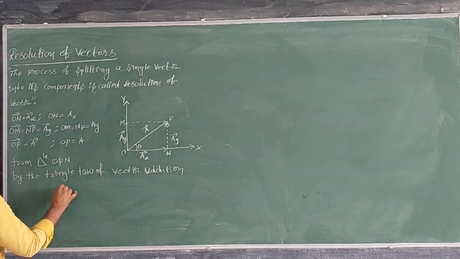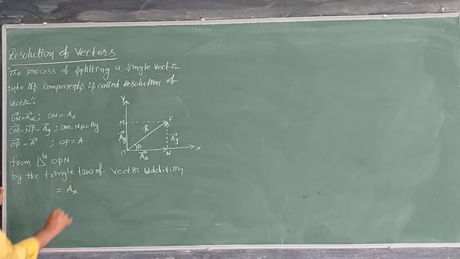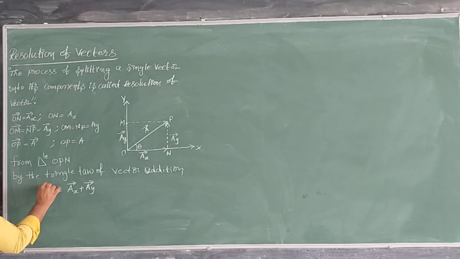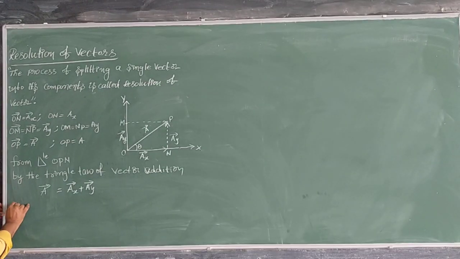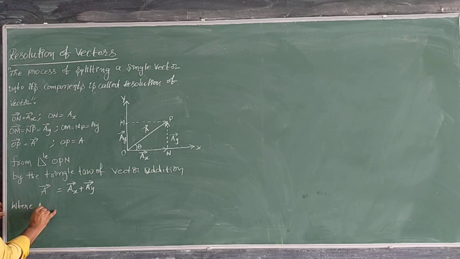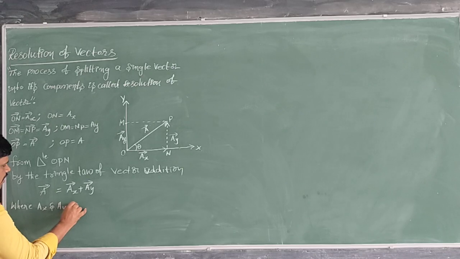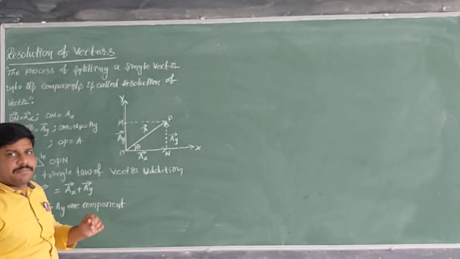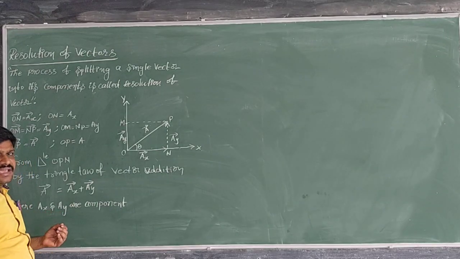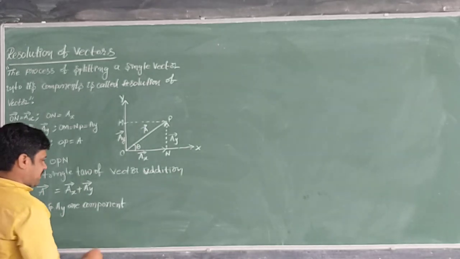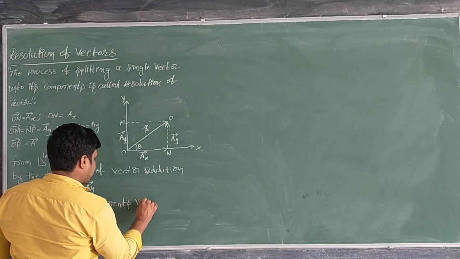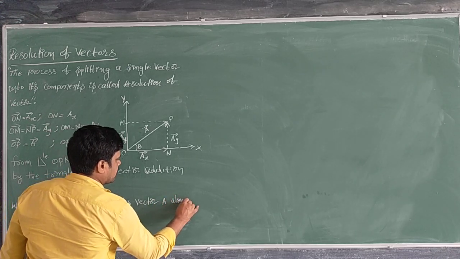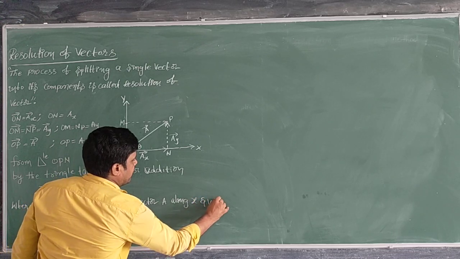A. So from the triangular law of vector addition, Ax bar plus Ay bar is equal to A bar, where Ax and Ay are components, meaning parts of the vector A. Components of vector A along x and y axis.